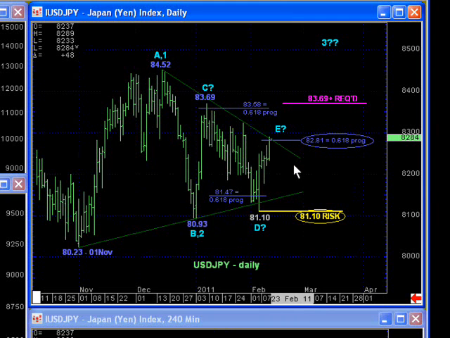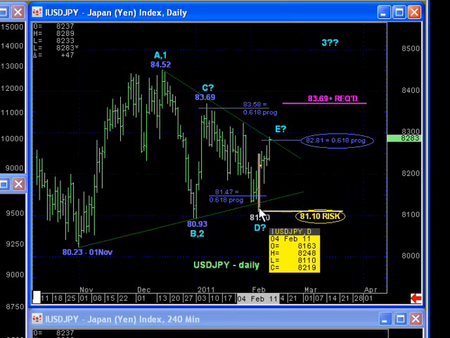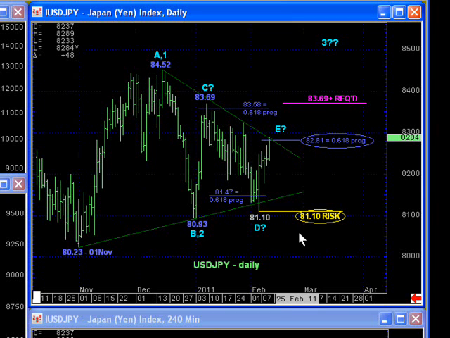These 0.618 Fibonacci progression relationships are common with contracting triangle patterns, but as a result of this latest recovery, the market has defined the 81.10 low from February 4th as perhaps this market's most important level, if not its second to the 83.69 high from January 7th.